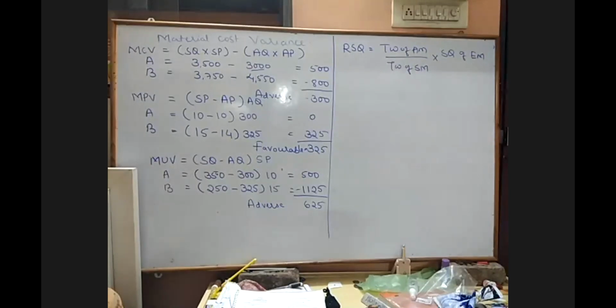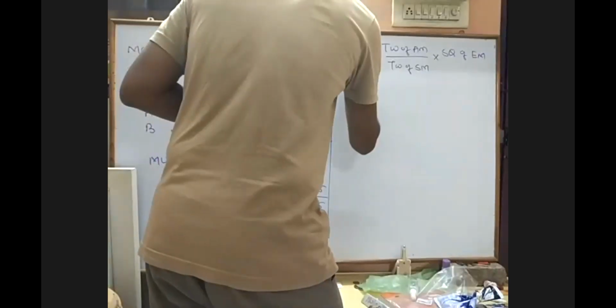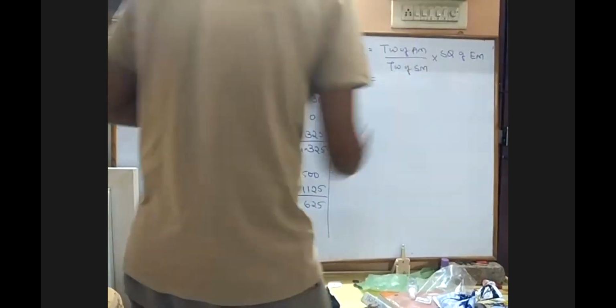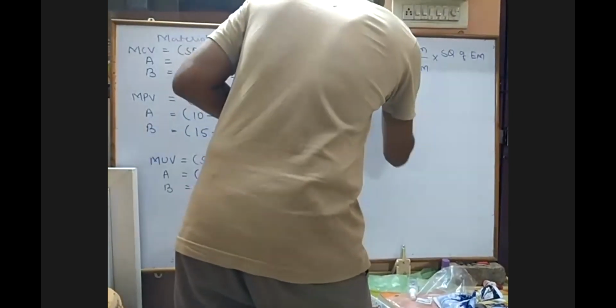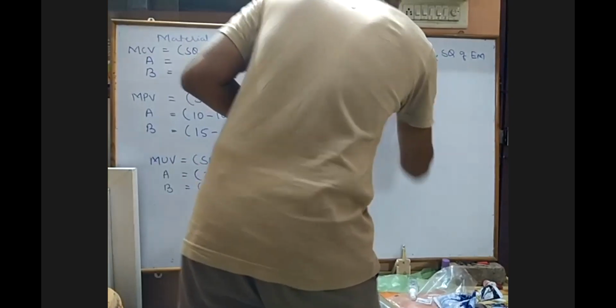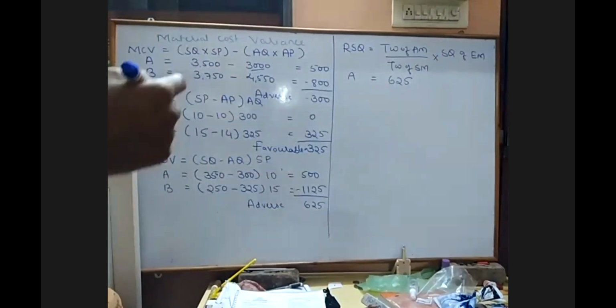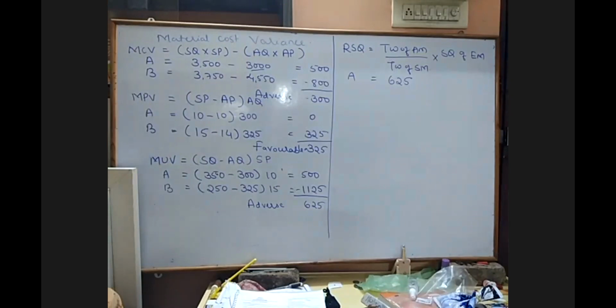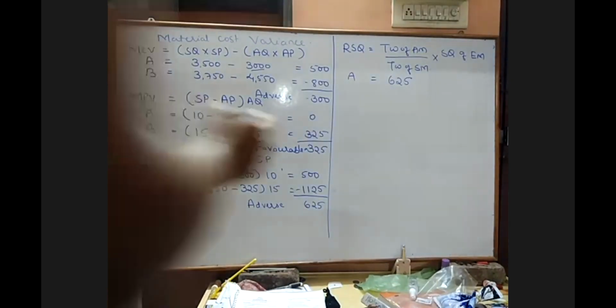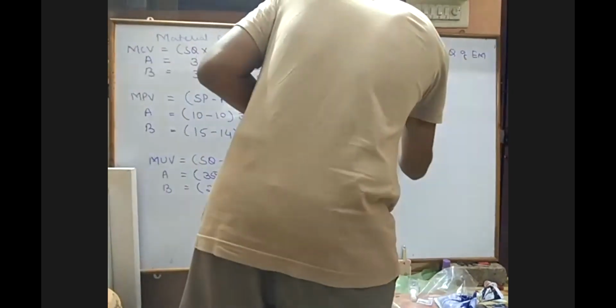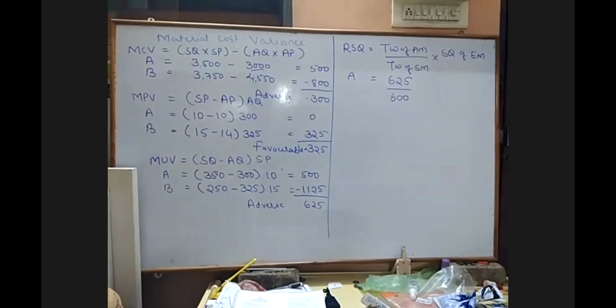Now, the first one is, remember, for the material A, the total quantity of actual mix is 625. You can see the total which is given there. That is 625 divided by 600. What is 600? It is the total of standard quantity.